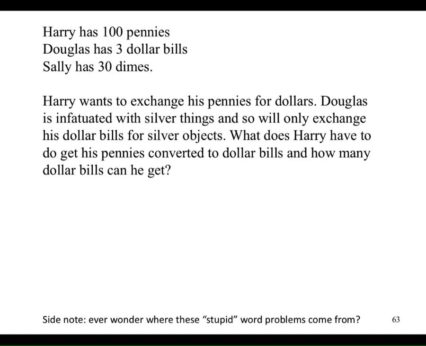We aren't there. What we're trying to do is deal with it within the context of our environment. So we have to recognize that Harry will have to exchange his pennies with Sally to get dimes. Once he has dimes, he can then exchange them to Douglas to get dollar bills. We have this kind of convoluted system behind where this comes from, and we see this kind of question in math classes.